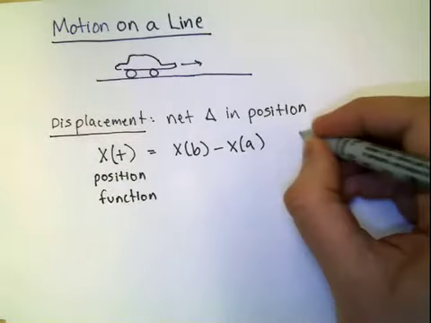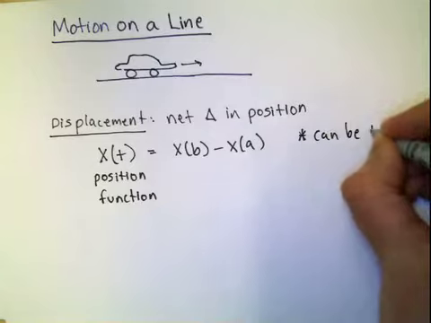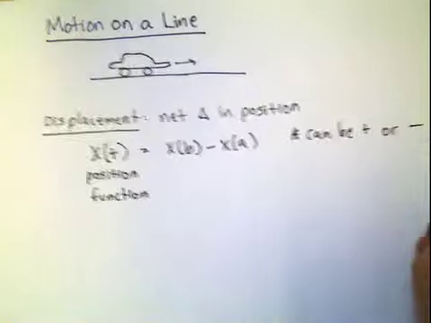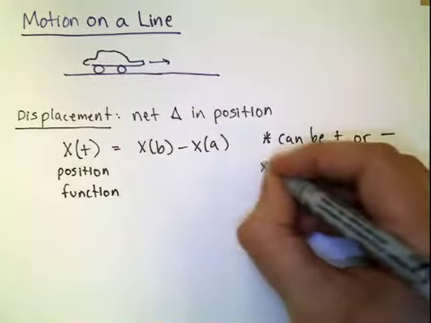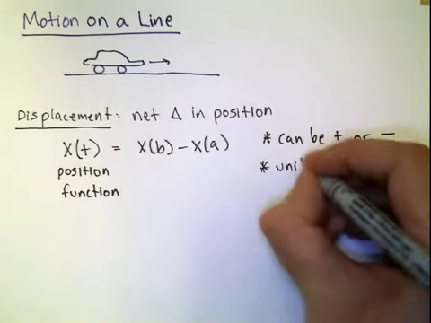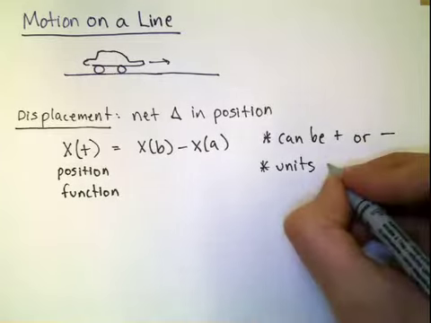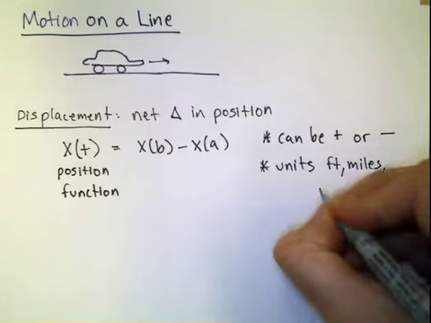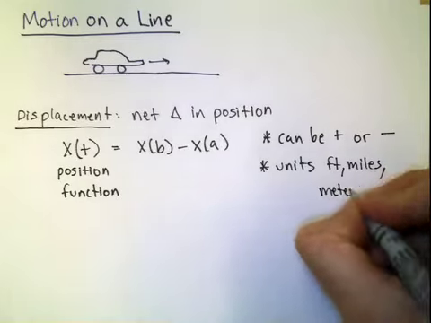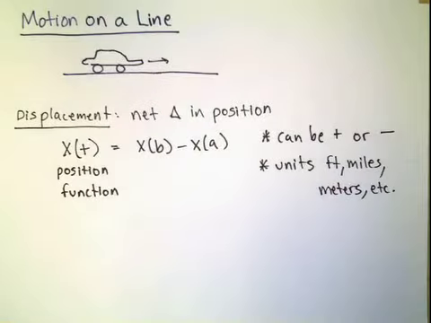It can be positive or negative. And the units that you're measuring in will depend on the story, but it's a distance, it's a position. So its units are like feet, miles, meters, yards, those types of things.